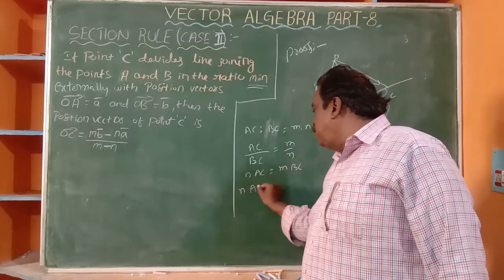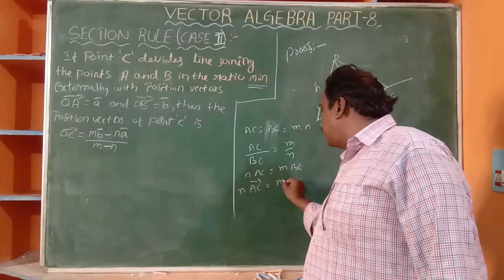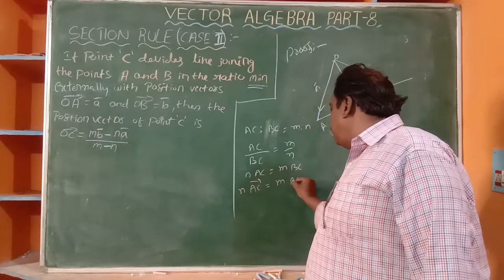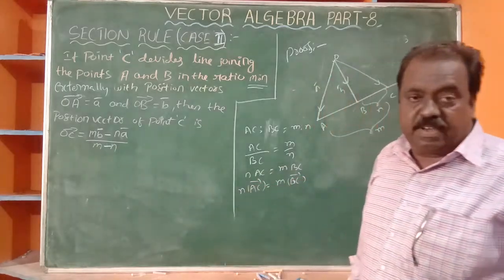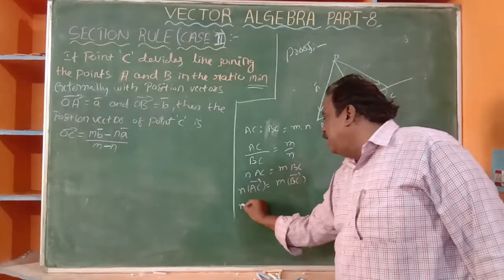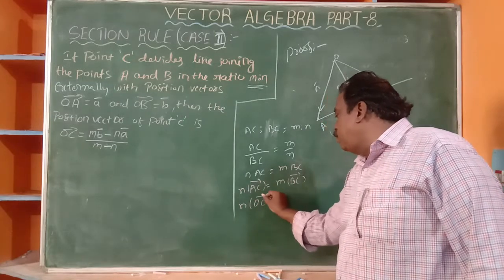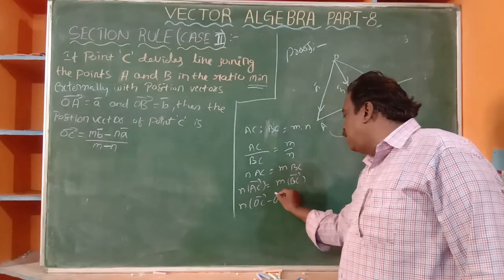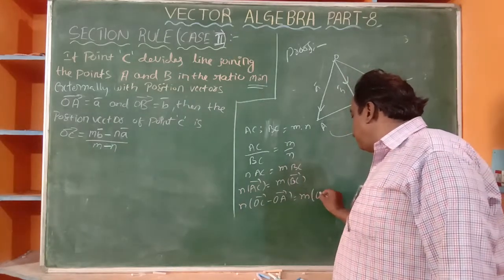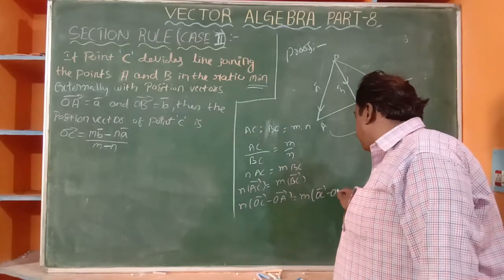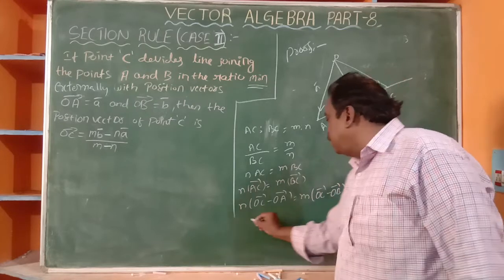N AC bar, I am taking a vector. Any length can be changed into a vector simply by giving a direction. It is N of, we know that, OC bar minus OA bar. AC bar is a free vector. Here also M of OC bar minus OB bar.